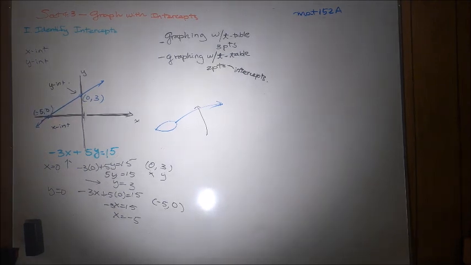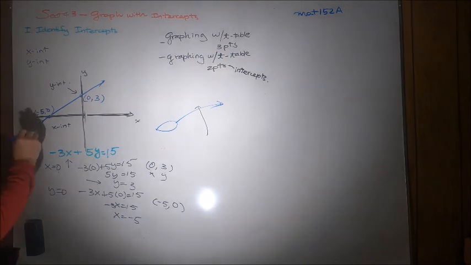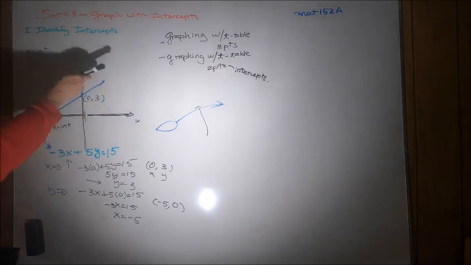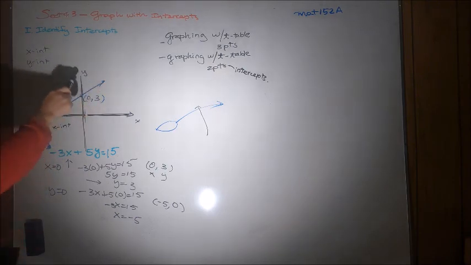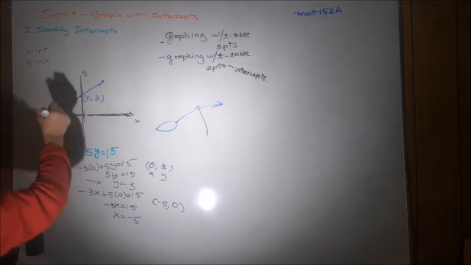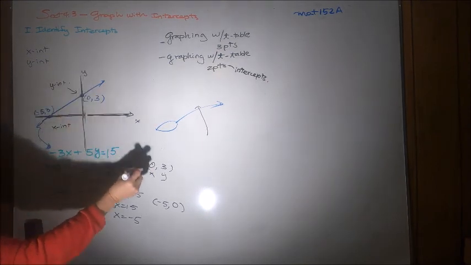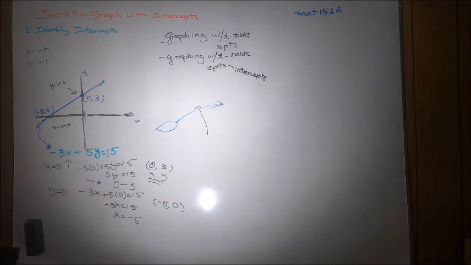So for this line, negative 3x plus 5y, it will cross the y-axis at this point, and cross the x-axis at this point.